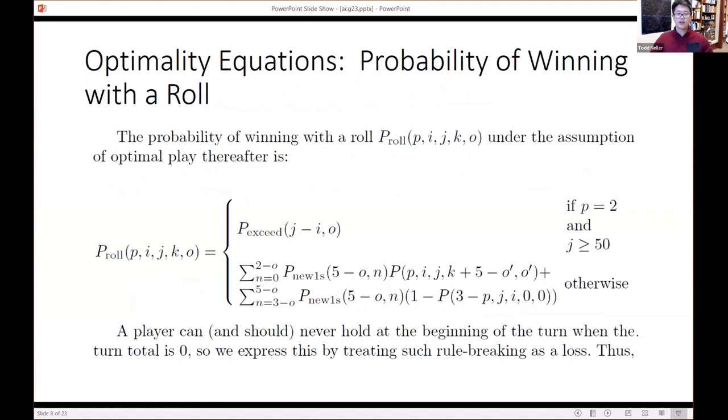Otherwise, we find the probability of rolling new ones and the probability to win at that particular state. But if the roll has 3 or more dice set aside, we compute the other player's probability to win when they roll. And a player will never hold at the beginning of the turn, so they will never hold when the turn total is 0.